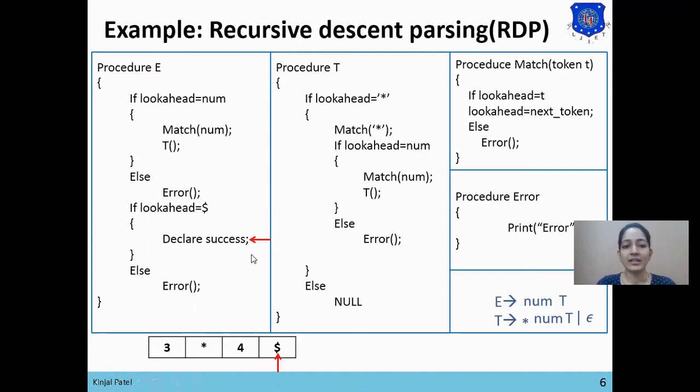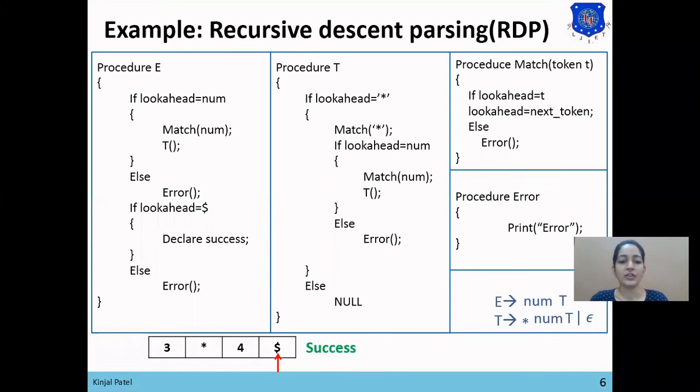Okay, so declare success means our string has been parsed successfully. So the 3 * 4 $ string has been parsed successfully as there are no errors in this string.